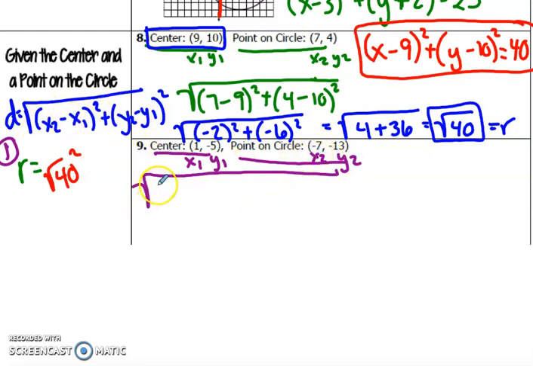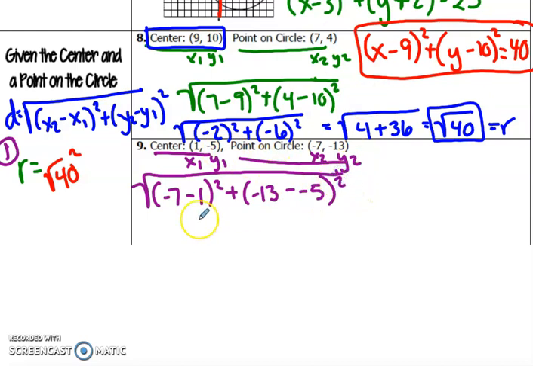So x2 is -7, minus sign is always there, and then my x1 is a 1, close it, squared. Plus, my y2 is -13, minus sign is always there, and then my y1 is a -5. So it is okay to have minus a negative. Close it, squared.